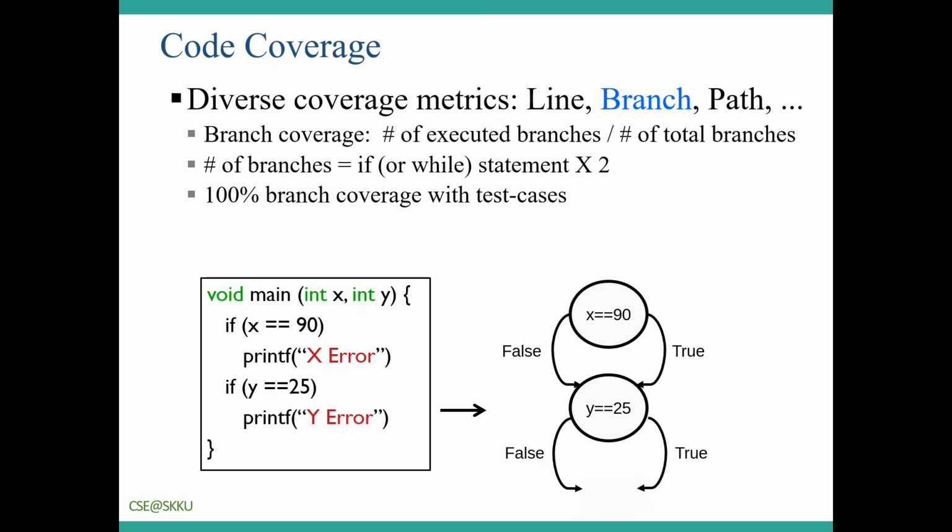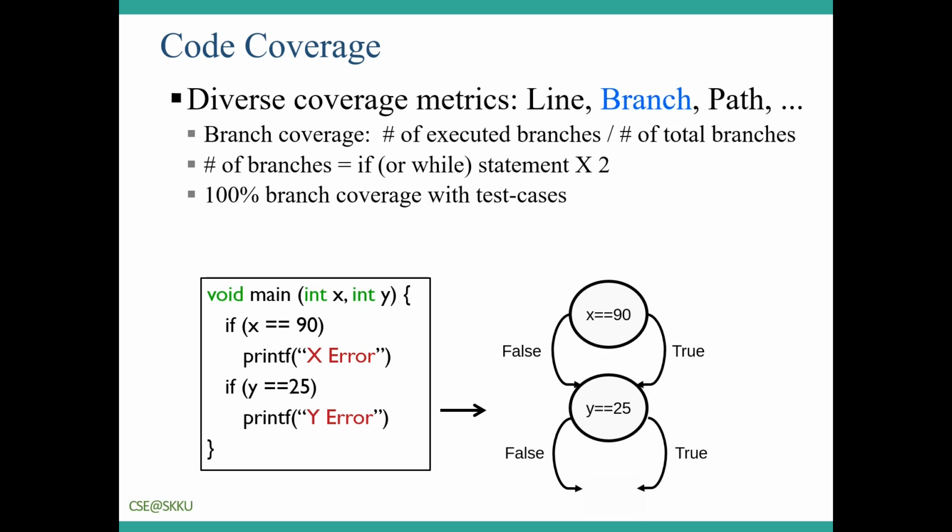Yes, the answer is we can achieve 100% branch coverage with just 2 test cases. For example, the first test case, x equals 90 and y is 25. This covers both true branches. And the second test case, x equals 0 and y equals 0.